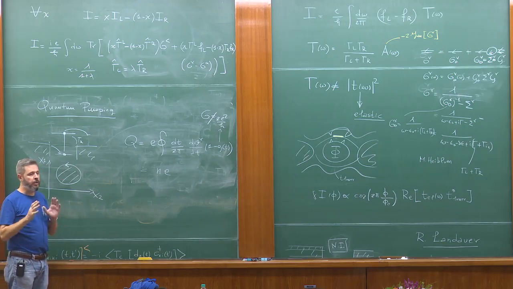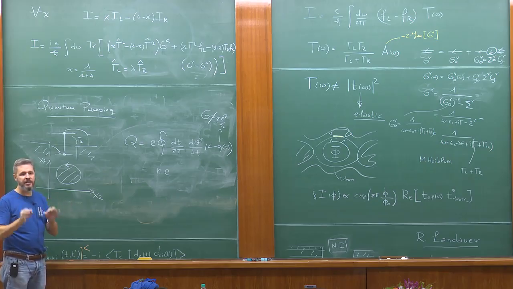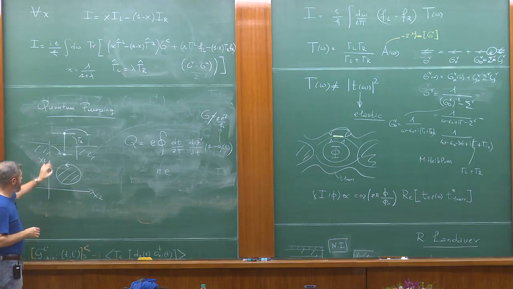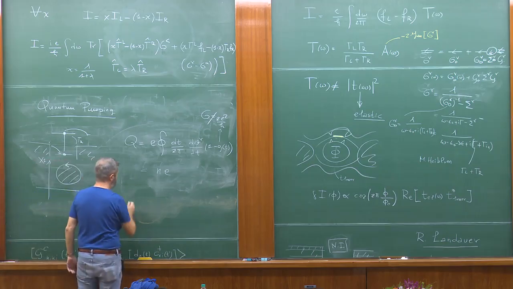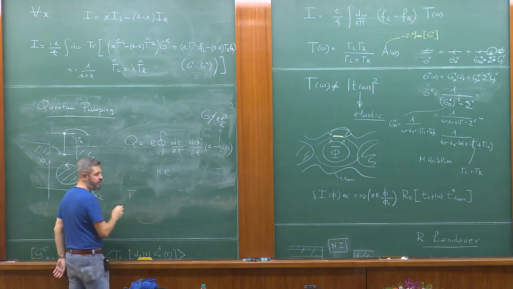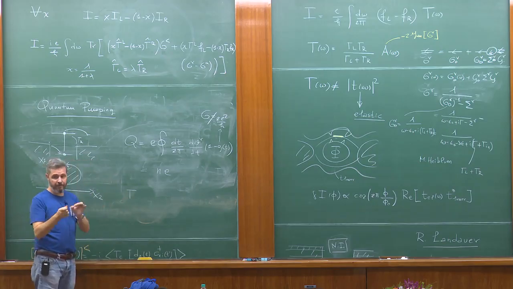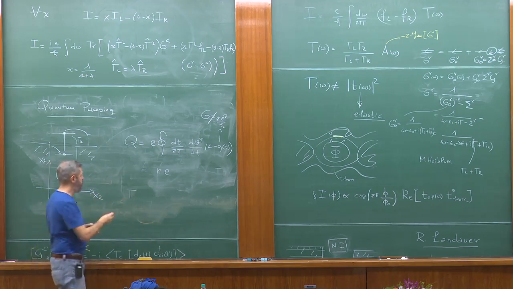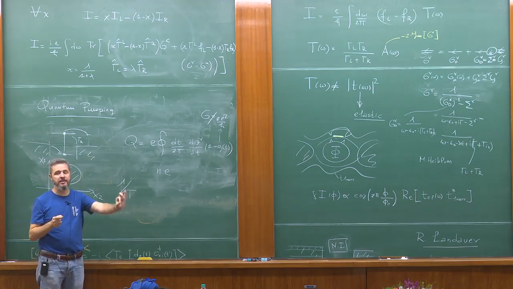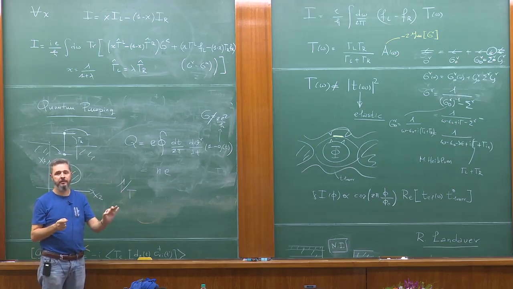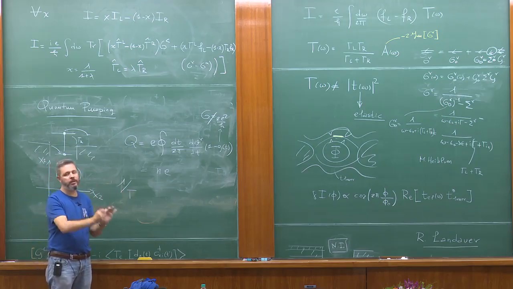Now, this is true in what is known as the adiabatic limit. Now, adiabatic not in the sense of quantum mechanics, because here the theorem is not valid, but adiabatic in the following sense, that I have two time scales in this problem. One time scale is the time, so I can interpret gamma, the width of my resonances, as 1 over gamma, the average time an electron is spending inside my scattering region, right? Because it goes there, stays there for 1 over gamma, and then goes out.